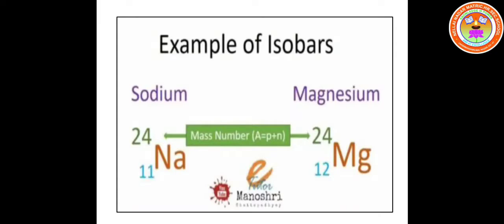Sodium 24 isotope has 24 as its mass number and magnesium also has 24 as its mass number. So, children, we observe that in sodium 24 isotope and magnesium 24, the mass number is same, equal to 24, but their atomic numbers are different. For sodium it is 11, for magnesium it is 12. So these two elements are cited as examples for isobars.